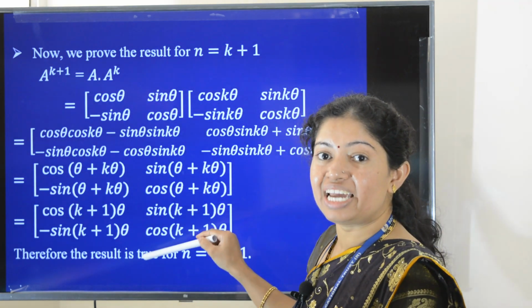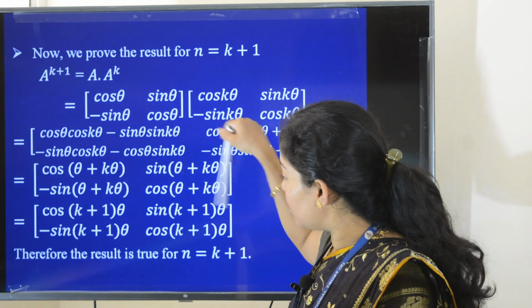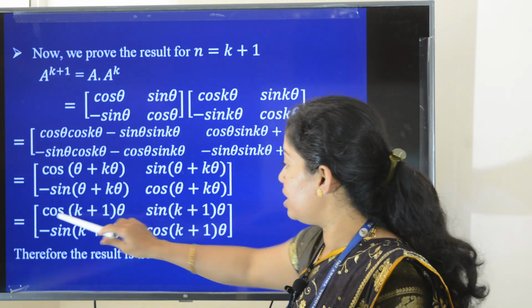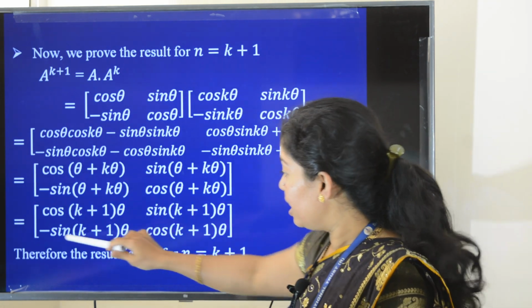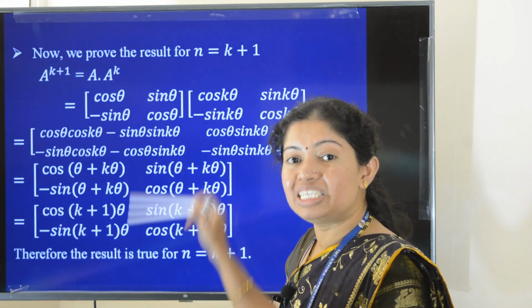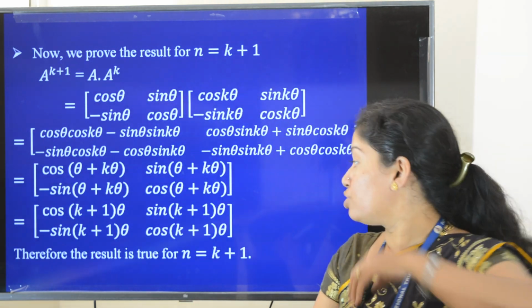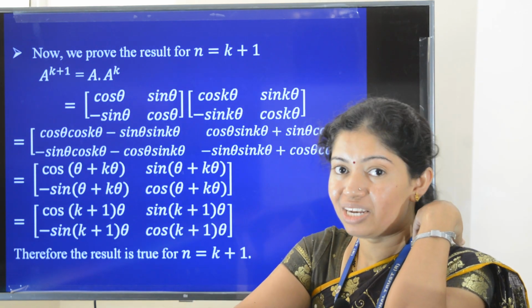When you see the right hand side, where that k plus 1 has gone, it has gone to the angles of those trigonometric functions. You can see here cos of k plus 1 into theta, sin of k plus 1 into theta. Here also that power is multiplied to the angles of those trigonometric functions. So we prove the result for n is equal to k plus 1 also.